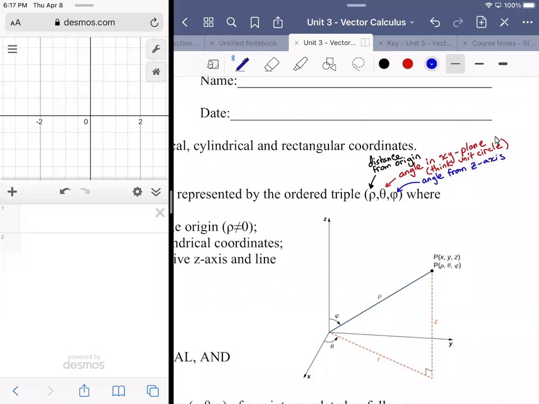All right, the distance from the origin is your rho. It's basically taking on the role of the radius. So why don't we call it r for radius? Well, r is already used for the radius in polar coordinates, and we want to relate the polar or cylindrical coordinate system to the spherical coordinate system.